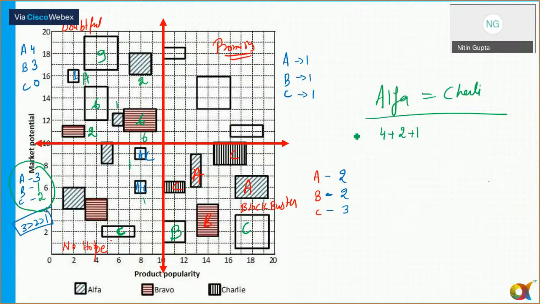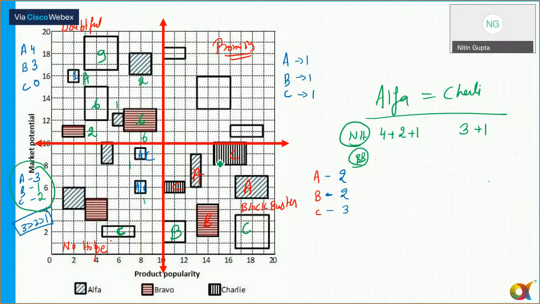I'm talking about the no hope category. You can see the two blue squares are 4 and 2, and the remaining one is 1. What about Charlie? In the no hope category, Charlie has a total area of 3, and one of them is 1, so 3 plus 1. Similarly, in the blockbuster category, there are two Alphas.